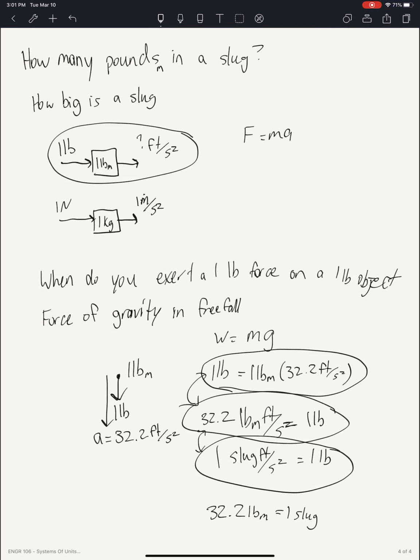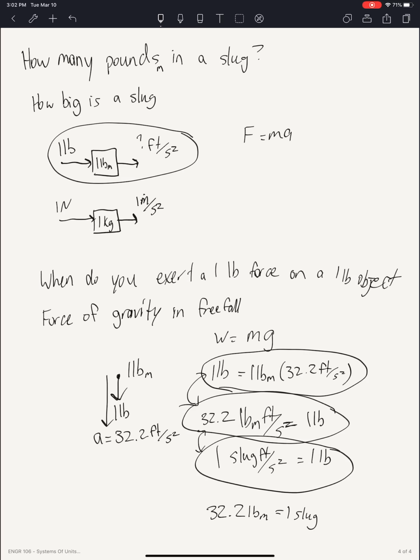This conversion factor is important if you want to have an intuitive sense of how much a slug is. Because I imagine, if you grew up in the US or if you've lived here for very long, you kind of have an intuitive sense of how much a pound is. There are 32.2 of them in a slug, so it's quite a lot of mass.